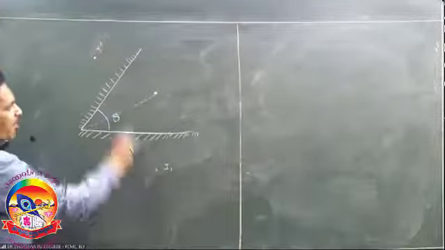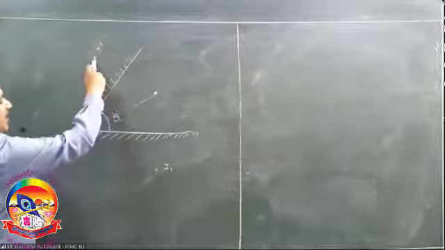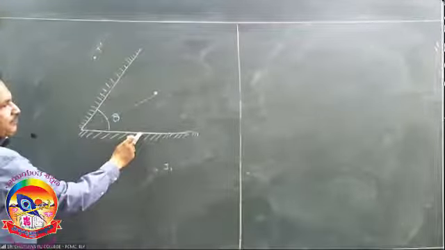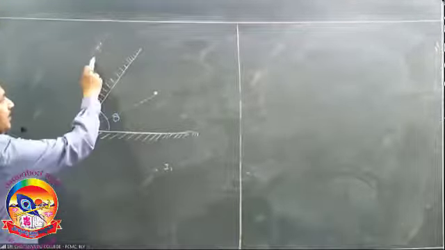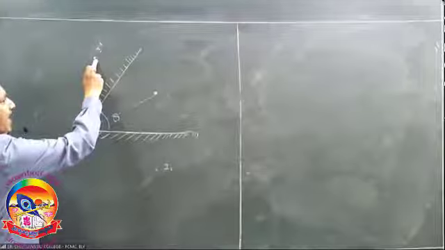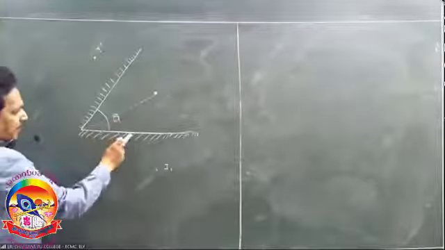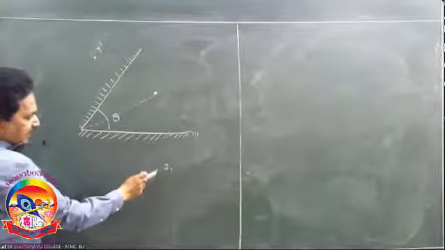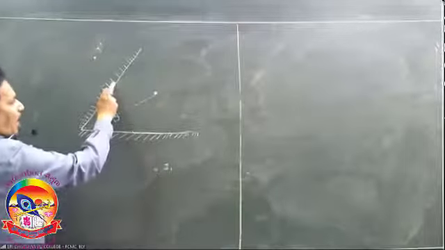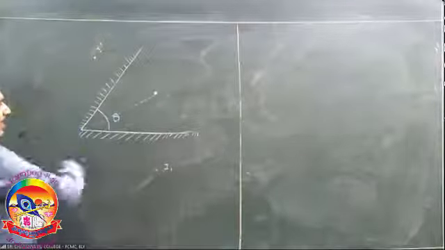This I1 will act as an object for this mirror. Once again, images will be formed.